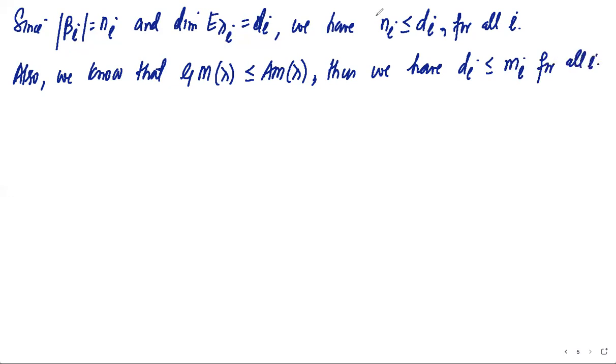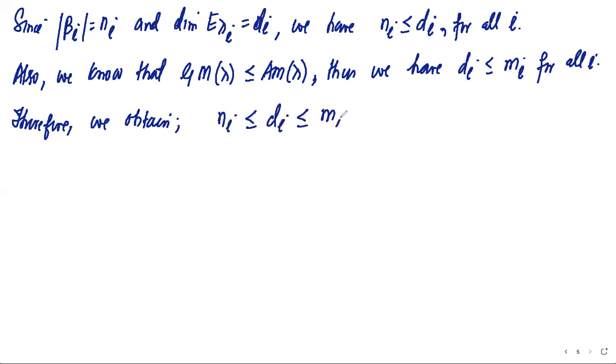So combining these two things, we obtain ni is less or equal to di is less or equal to mi.